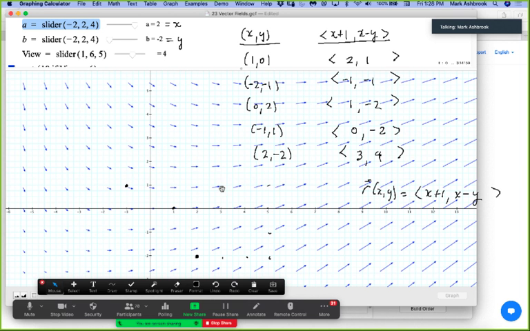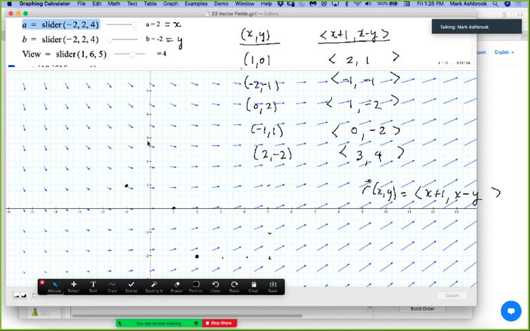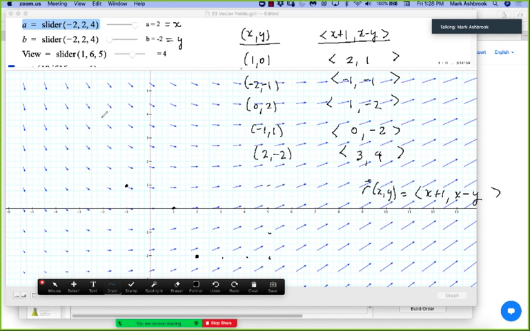So maybe this is a channel of water, and this is how the water is flowing in terms of direction. At any point, there's a direction and speed of flow. And so if you drop something into this field, you could trace where it goes, how it moves according to the vectors, and that would be creating what's called flow lines.